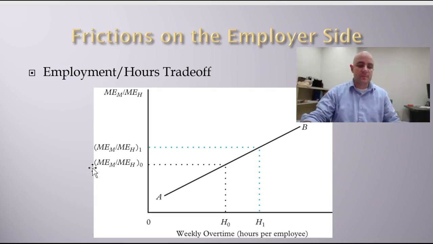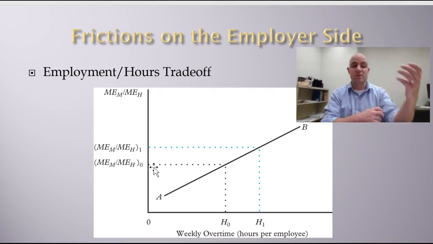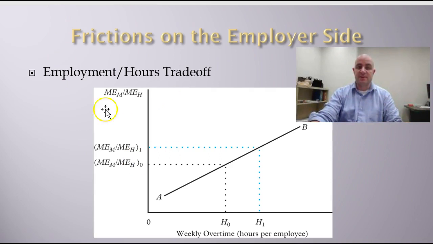So the easiest way to look at this is that when we talked about the amount of capital and the amount of labor to employ, we looked at that price marginal product ratio. And this is the same thing here.